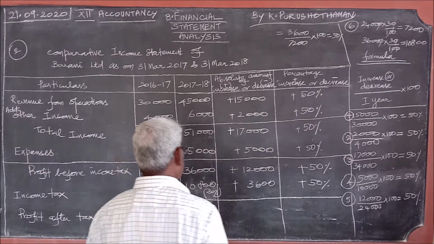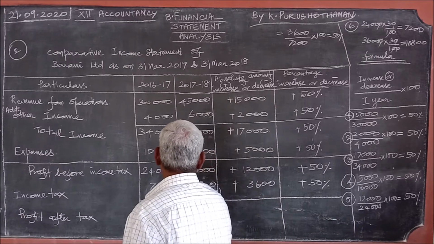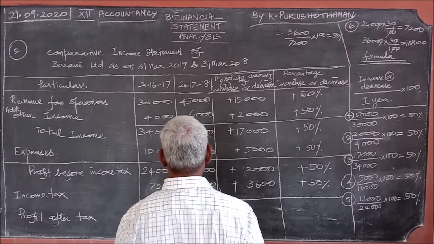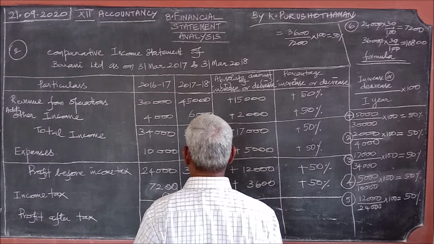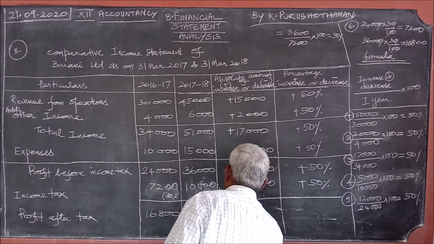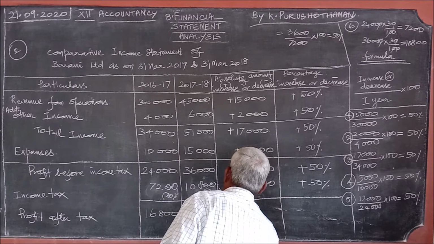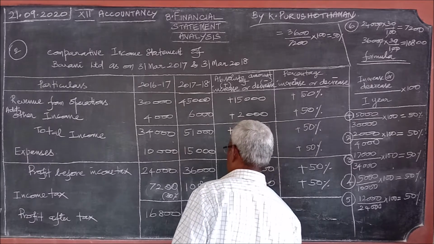What is the increase or decrease? We can find 25,200 minus 16,800, which is 8,400.